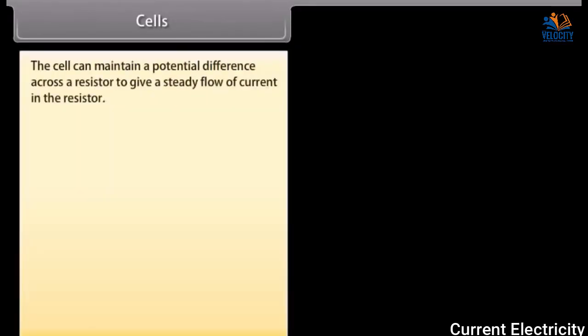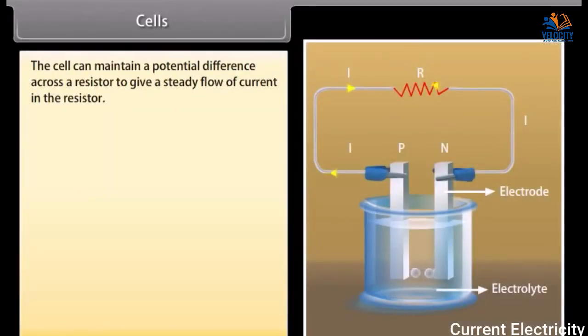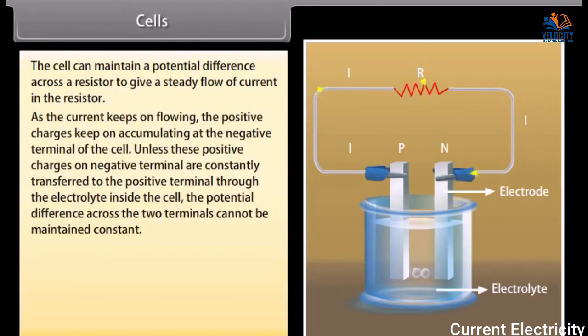Cells. The cell can maintain a potential difference across a resistor to give a steady flow of current in the resistor. As the current keeps on flowing, the positive charges keep on accumulating at the negative terminal of the cell. Unless these positive charges on negative terminal are constantly transferred to the positive terminal through the electrolyte inside the cell, the potential difference across the two terminals cannot be maintained constant.